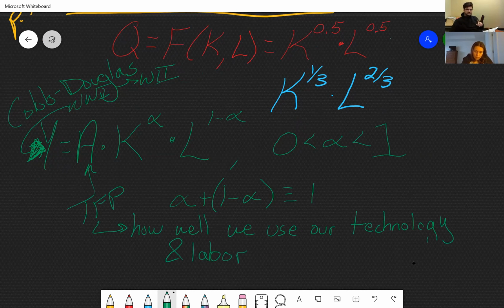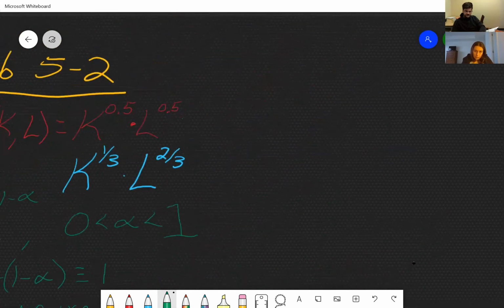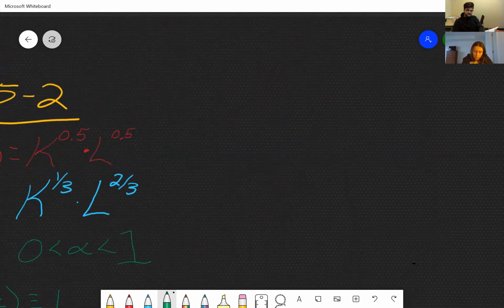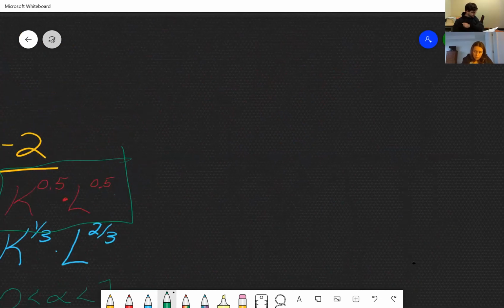All right, so back to the task at hand. So we're given this equation here. And we're told if capital is fixed at 1, how much labor should the firms employ? How much L?